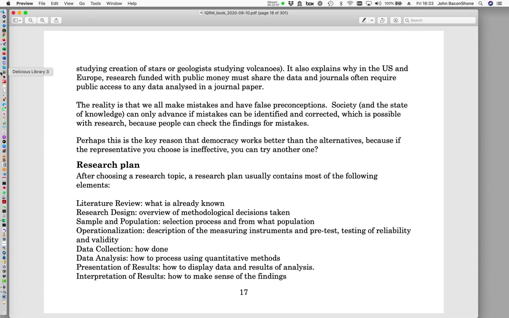So this also explains why, particularly in the US and Europe, research funded with public money must share the data, and journals nowadays often require public access to any data analyzed in a journal paper. So I'm old enough that I still remember having an argument with the editor of a journal in statistics because somebody had published a paper.